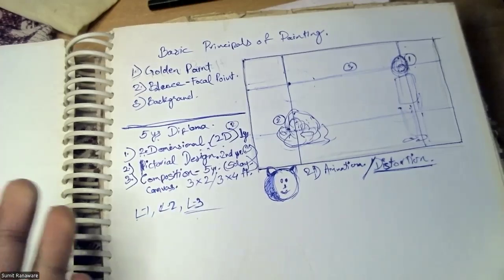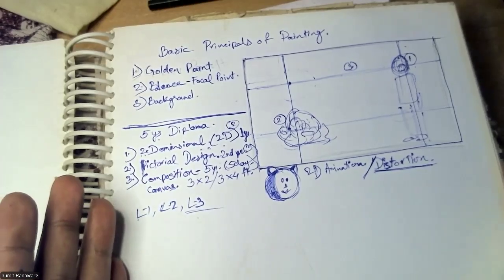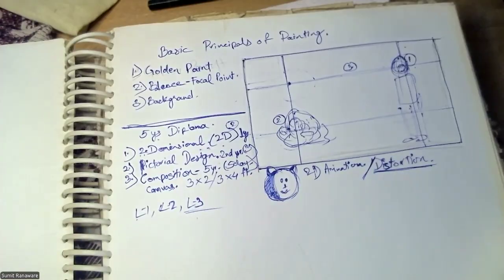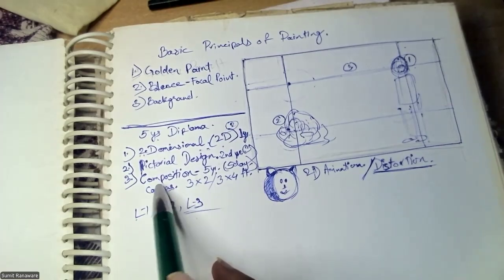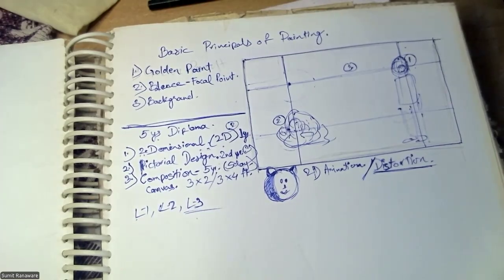Pictorial design we were asked to paint in a bigger size, double the A4 size, which is called half imperial size. And then the composition, which is the canvas, it can go bigger, 3 by 4 or 3 by 2, whatever.